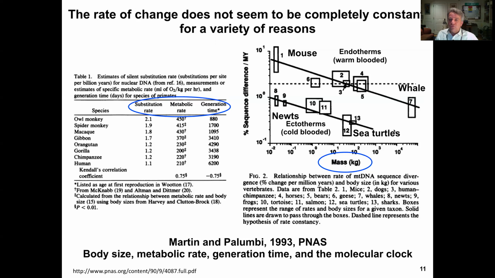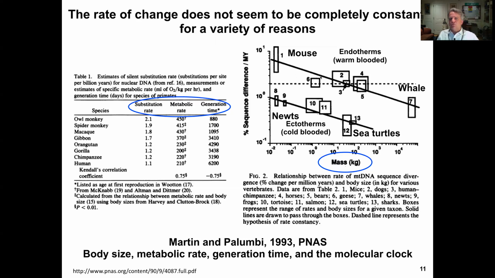So whales here have a slower metabolic rate relative to these other mammals, and they have a large body size, and they have a longer generation time than most other mammals. And what we see on the other end of the spectrum here is a mouse that has a relatively high metabolic rate, a low body mass, and a much faster generation time.